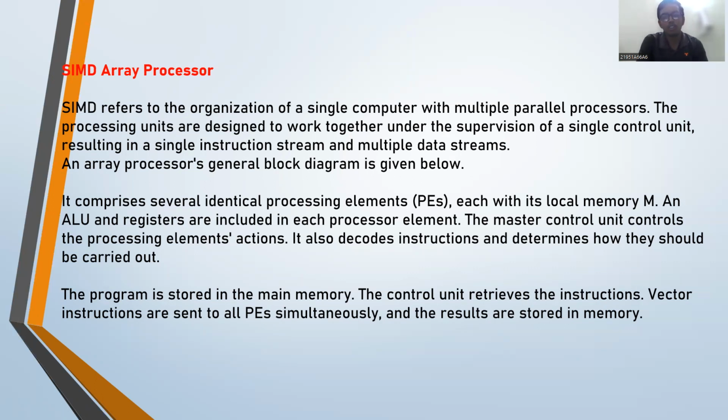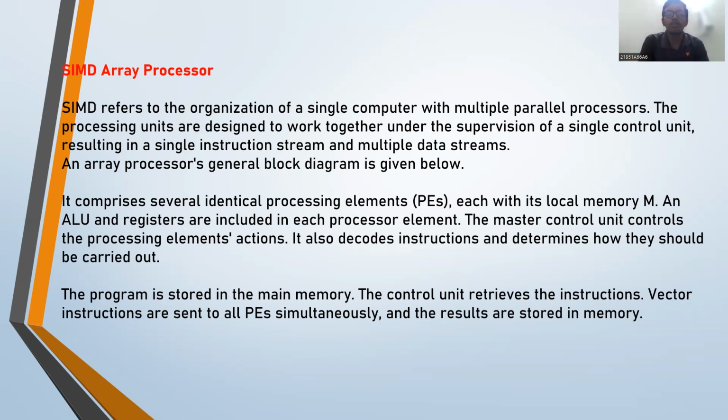The processing units are designed to work together under the supervision of a single control unit, resulting in a single instruction stream and multiple data streams. An array processor general block is given below.